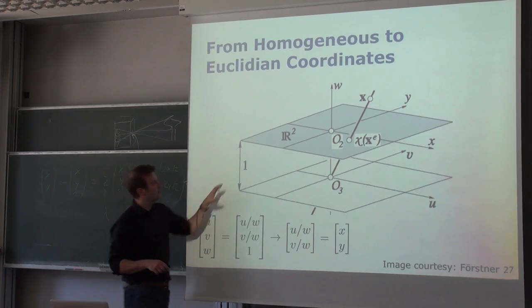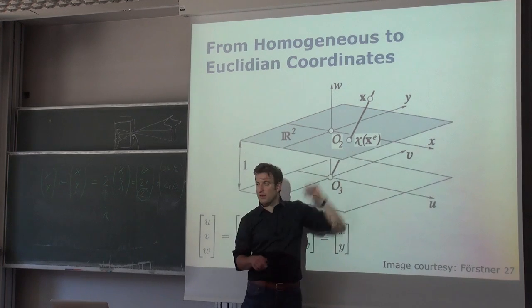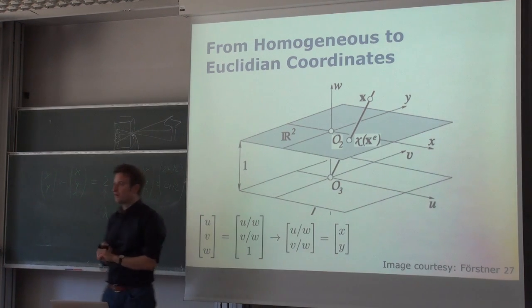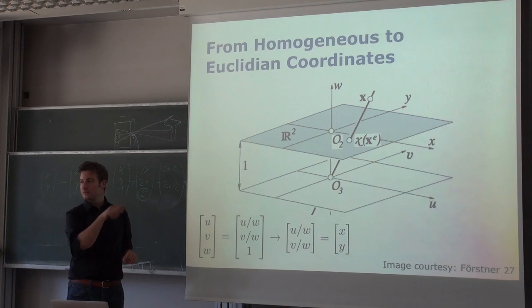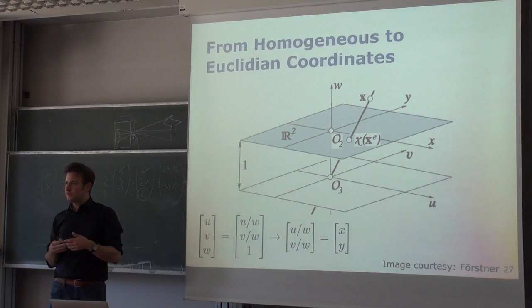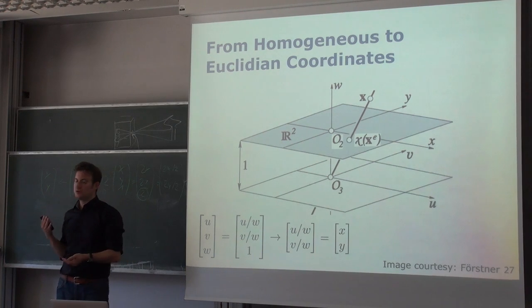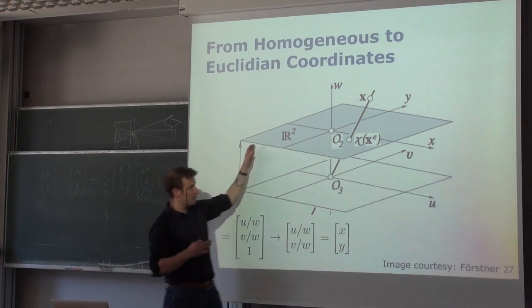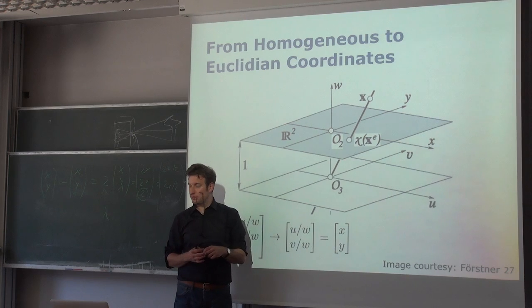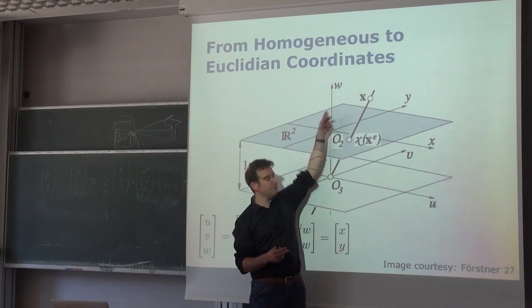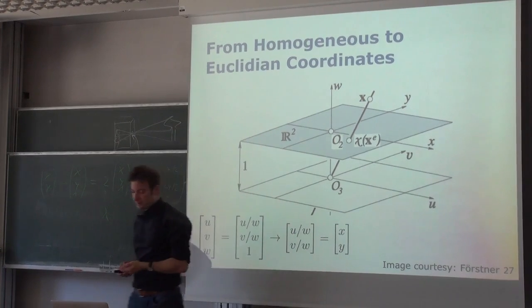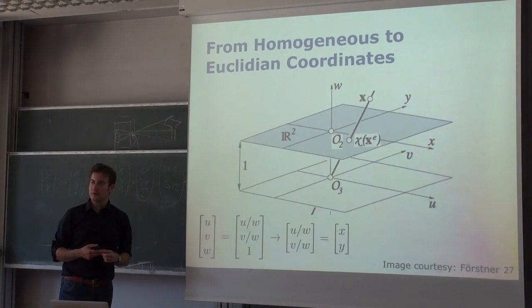So what we have here, this gray plane, is a regular R2 world. So far we were living in this R2 world. And now if we go to these homogeneous coordinates, we have one additional dimension. So we can actually see this as a three-dimensional space. We just add this new W dimension, which is in this example my third dimension.